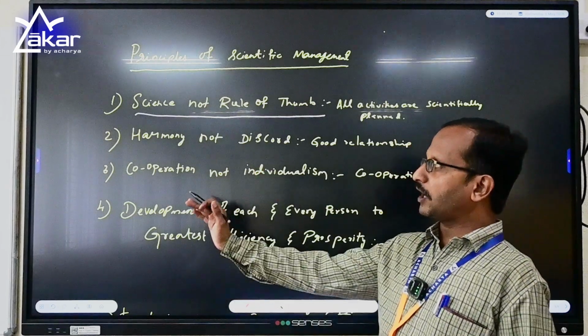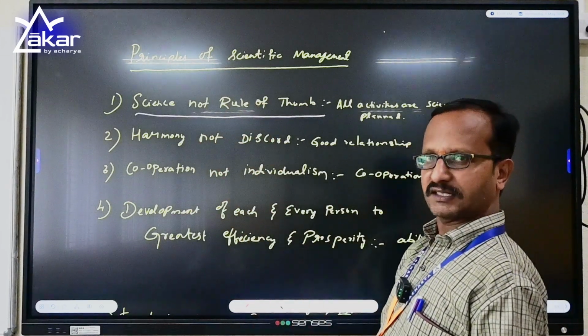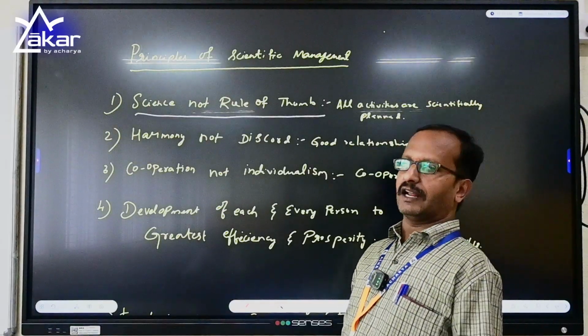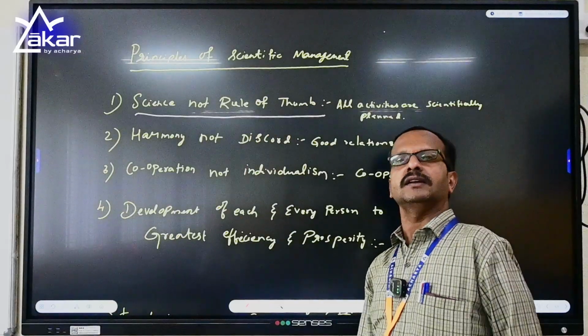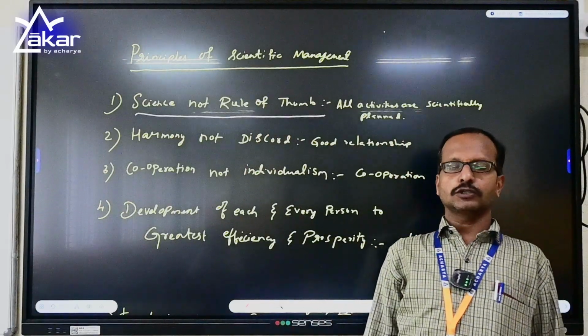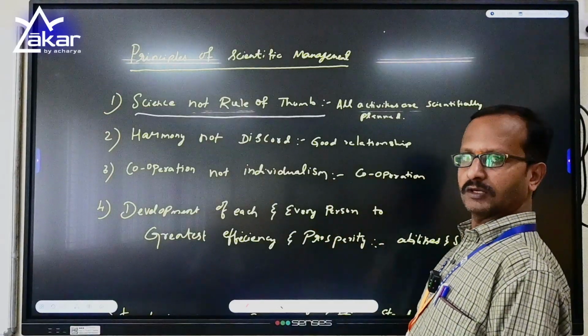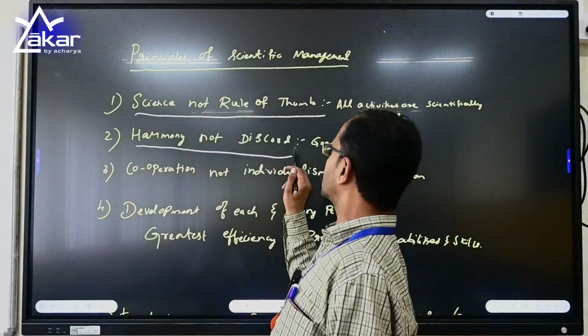He has given more priority to the scientific method to be implemented. It may be in the implementation of plans, policies, procedures by the top level or middle level management to the lower level. He personally recommended the scientific method of implementing the principles. So the first principle, science, not rule of thumb. Got it?